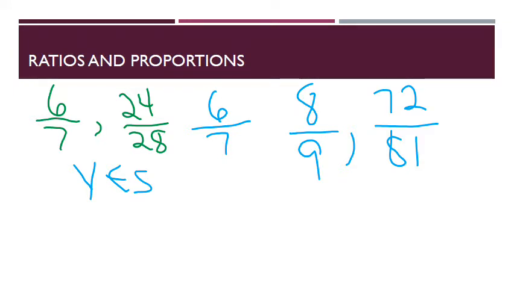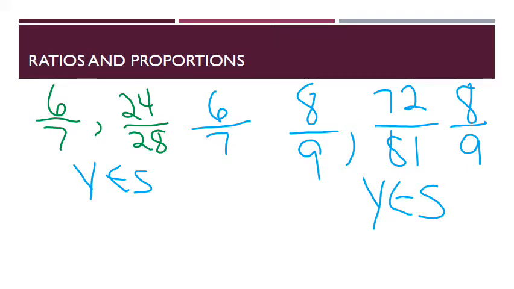But if I know my multiplication tables and I know them well, I can just look at 72 and 81. I go, both of those are divisible by 9. So 9 is going to go into 72 8 times, and 9 is going to go into 81 9 times. And yes, 8 over 9 is equivalent to 72 over 81.